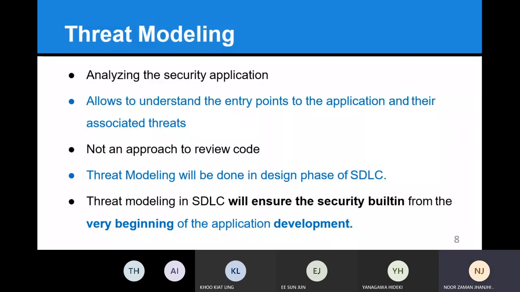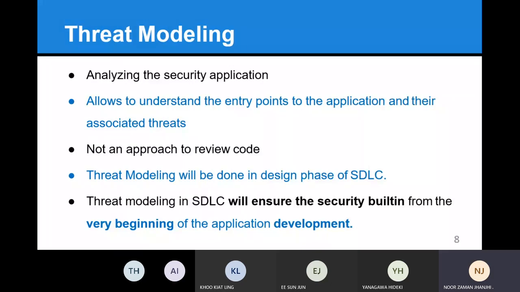Is this functionality bringing any point of exploitation, any threat or any vulnerability? Then you pinpoint that particular section or part: this is the weakness, this is the vulnerability. So you can suggest how to address it, and the coder will do that for you.